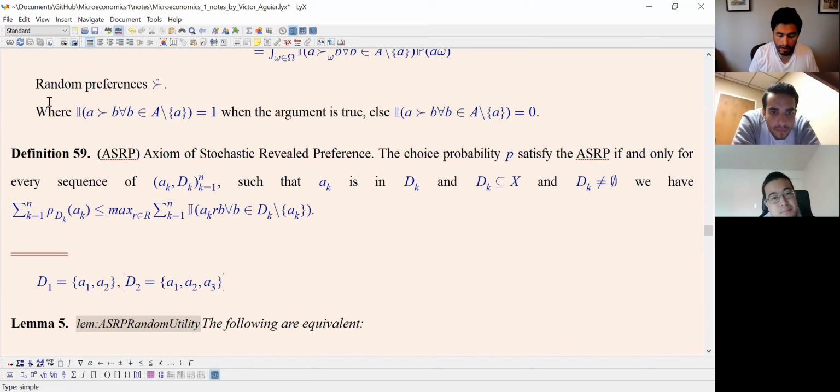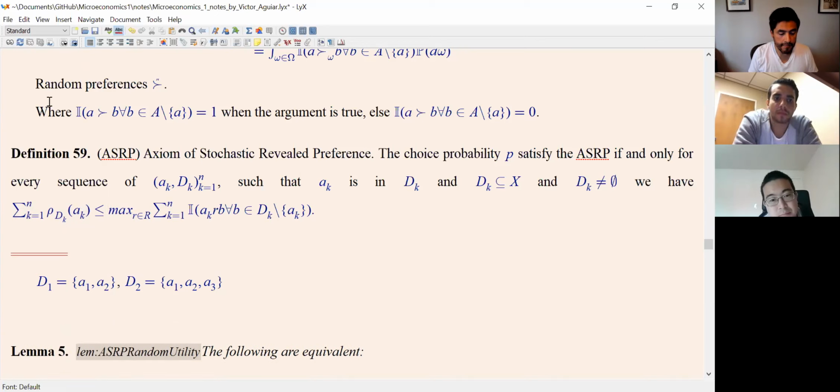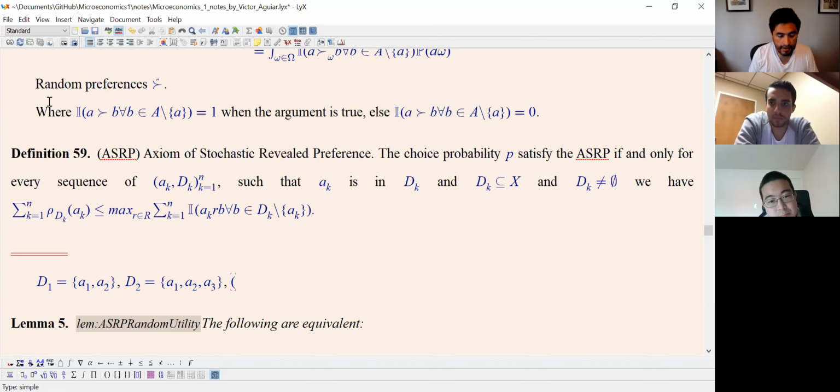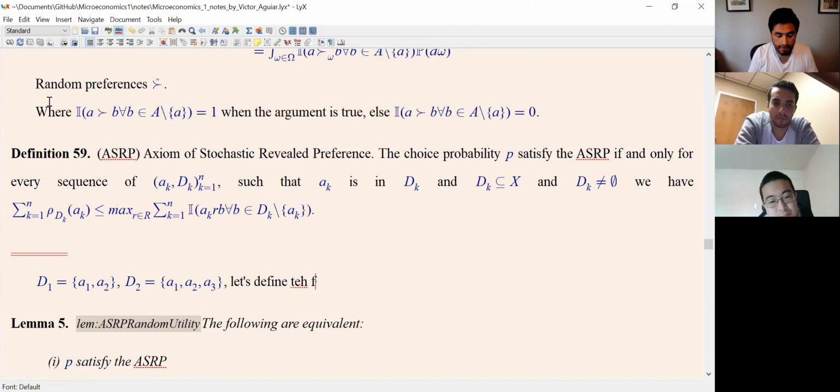Okay. Then what is my sequence of data? So my sequence of data is going to be basically a collection. So I can define one sequence. So let's define the following sequence.